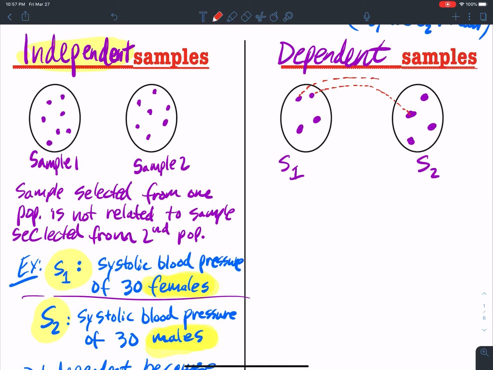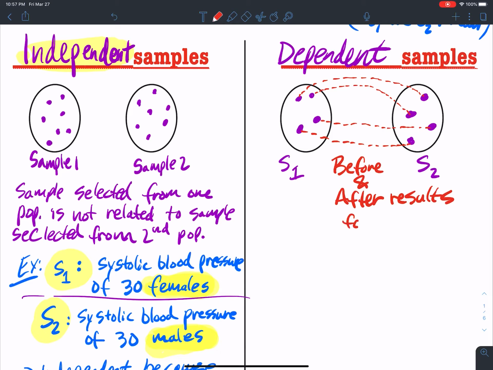This little dot, that sample pairs up with this one. This one matches over here, and then this last one goes straight to this one here. Typically dependent is before and after results. Okay?